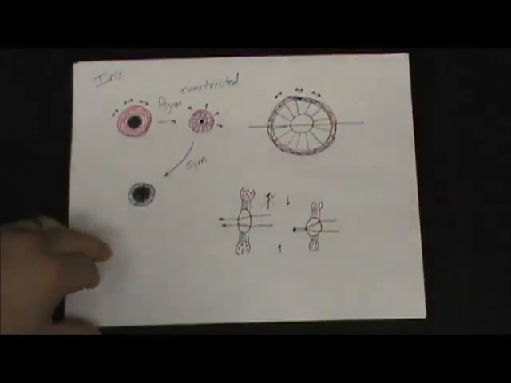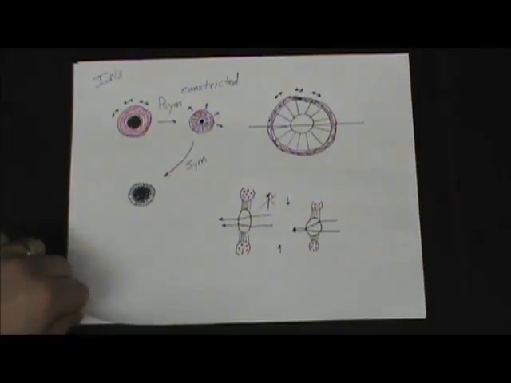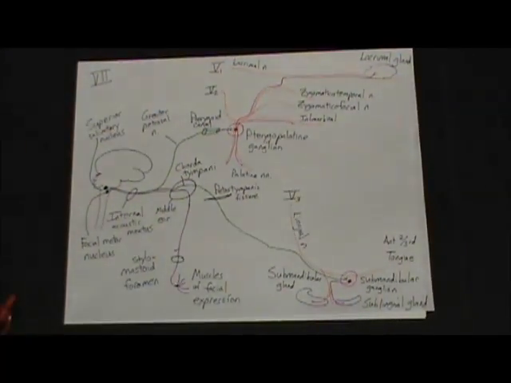Alright, that is 99% of what you need to know about the sympathetics related to the head and neck. Be happy. The remaining 1% has to do with cranial nerve 7. And it's very, very quick. So we put cranial nerve 7 back up here. Nobody panic.